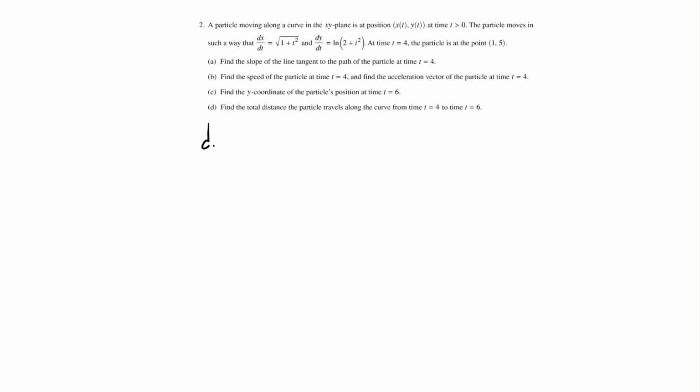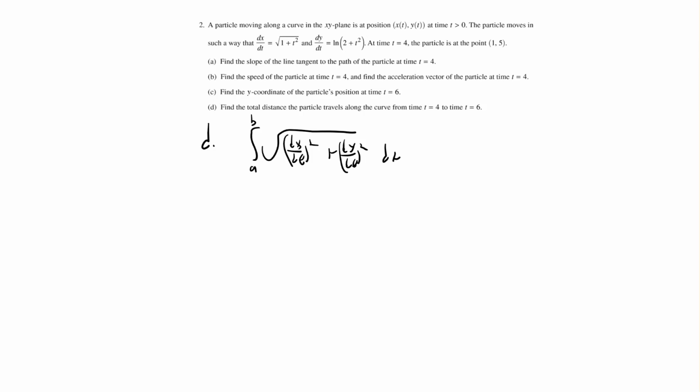Part D asks for the total distance the particle travels along the curve from time t equals 4 to time t equals 6, and we know the formula for arc length is the integral from a to b of the square root of (dx/dt) squared plus (dy/dt) squared dt.